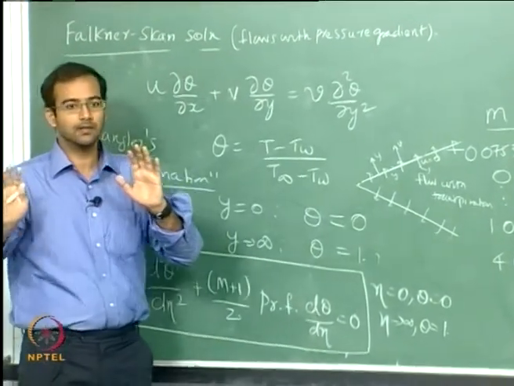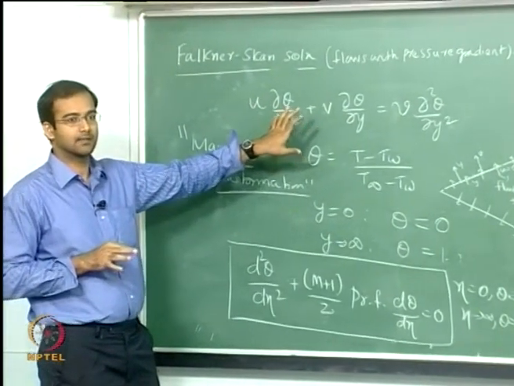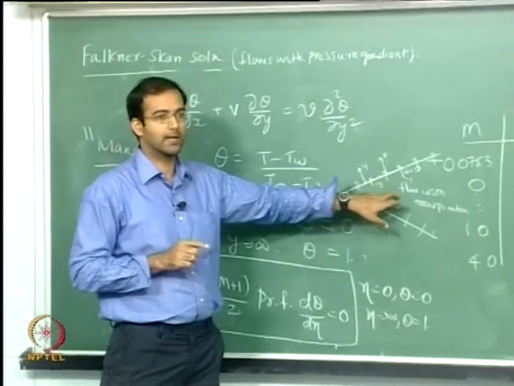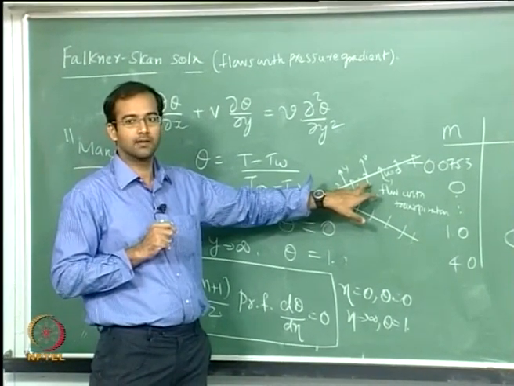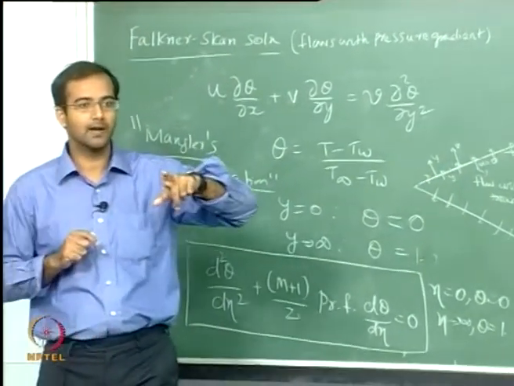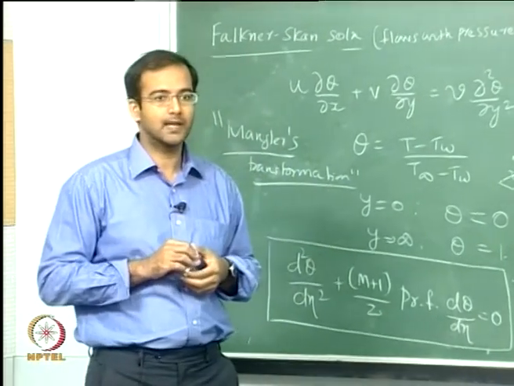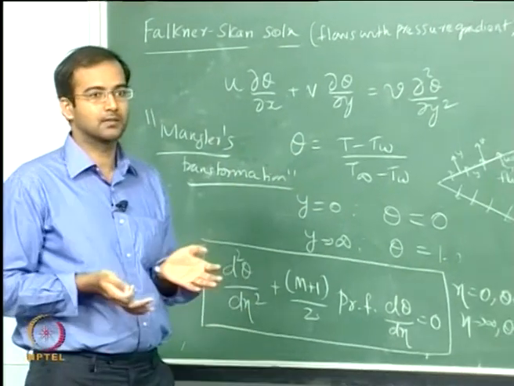These are extensions of the same Falkner-Skan solutions. The same similarity equation that we derived will hold true for this case also, only the boundary condition will now change. So far we have said at y equal to 0, v equal to 0, but now v has a small component, so that has to be included, and we can use that as a more generalized solution.